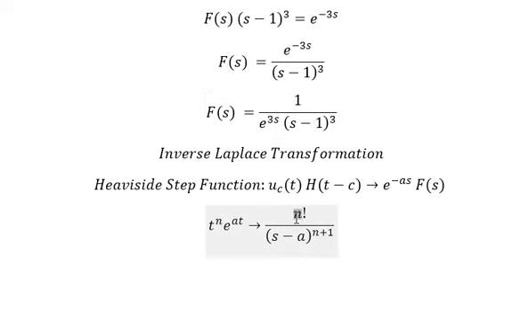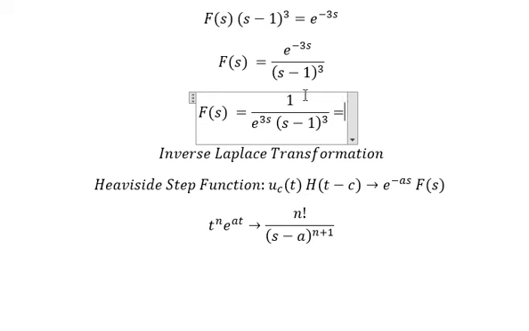However, number 3 equals n plus 1. N plus 1 equals number 3. So n equals number 2. But we don't have number 2 in here. So that means we need to put 2 factorial on the numerator and denominator.